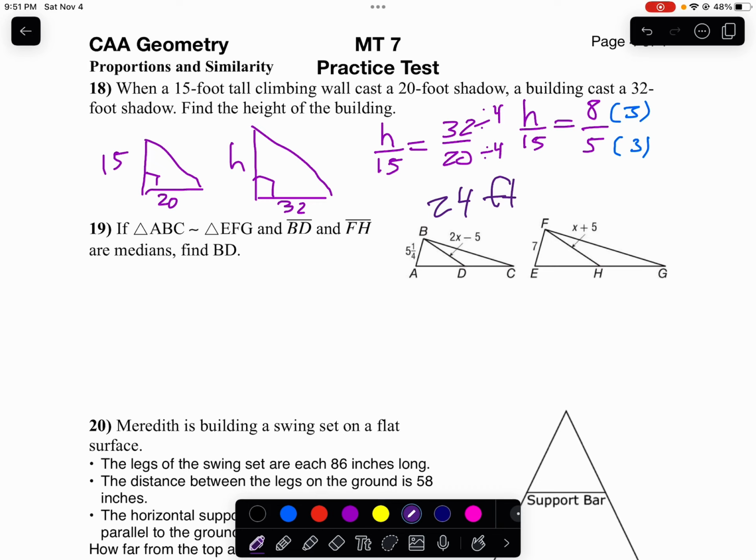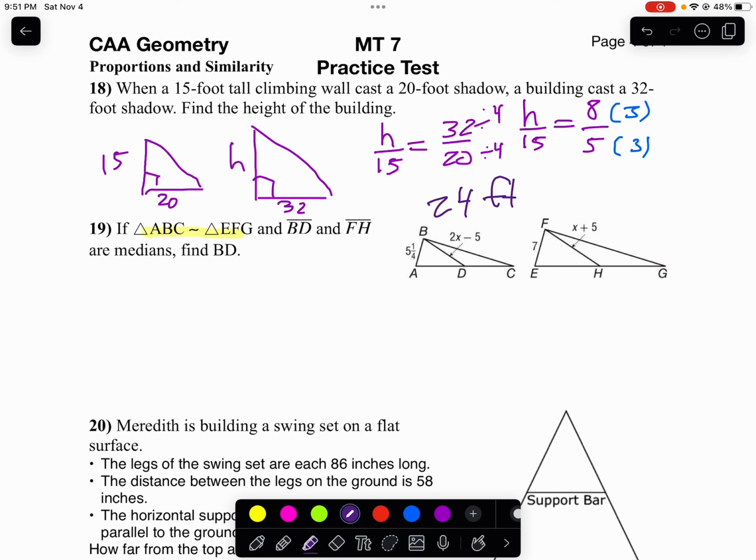On number 19, once again, we start with similar triangles, and then we're told we have this median. Well, if we have similar triangles here, I think what I'll do is set my proportions, because my medians will be proportional too.